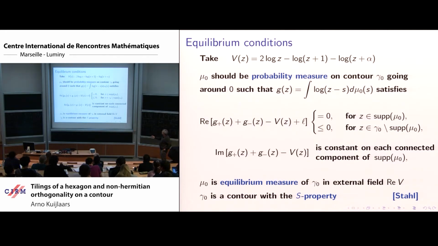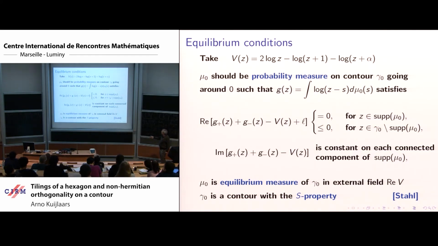And it should be located on a contour around 0. And the real part of this combination, so you have this G plus G minus, these are boundary values of G on the contour, where this G function will have a discontinuity, minus this external field V, plus a constant.